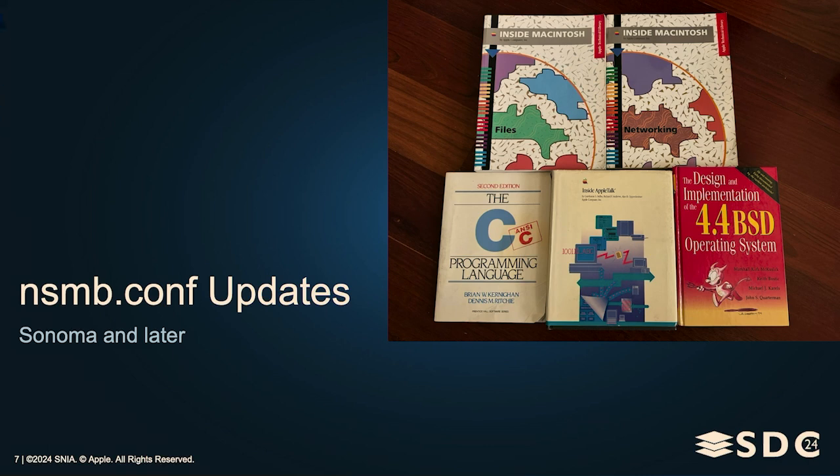At that time, I was doing AppleTalk work, so Inside AppleTalk was the equivalent of the SMB2 protocol spec. It was the Bible. And then when we started doing OS 10.0, the book that we all had was the 4.4 Red Devil BSD Unix book. We all lived on this book.